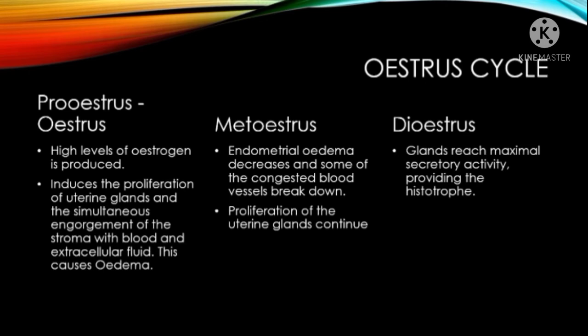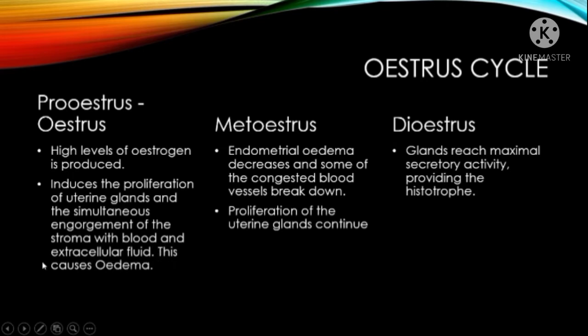So, to understand further, let us see what happens to the uterus during the estrus cycle. During the proestrus to estrus, high levels of estrogen are produced. This induces the proliferation of the uterine glands and the simultaneous engorgement of the stroma with blood and extracellular fluid.